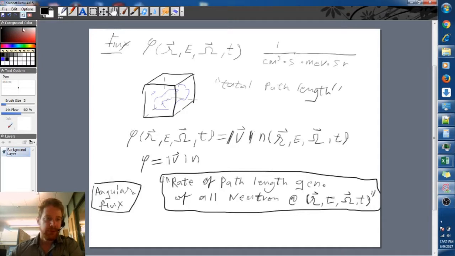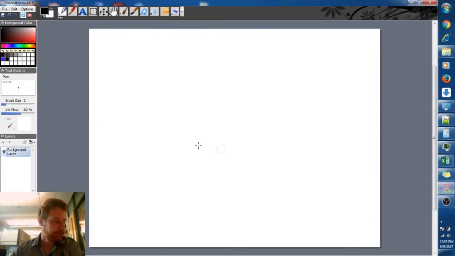All right, so that's sort of the definition, and let's go over how you can grab this a bit. We can have flux as a function of position and energy. We call this the energy dependent flux.